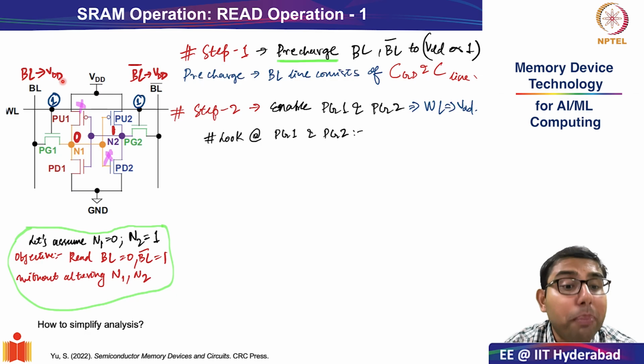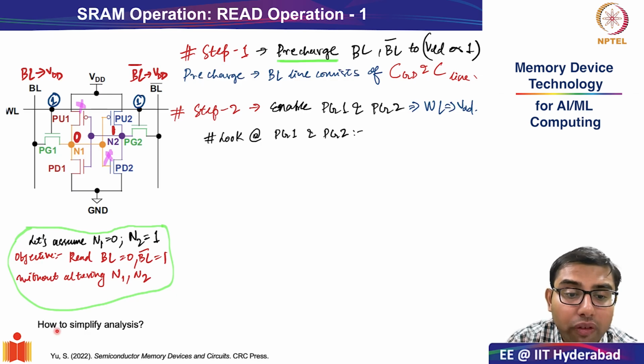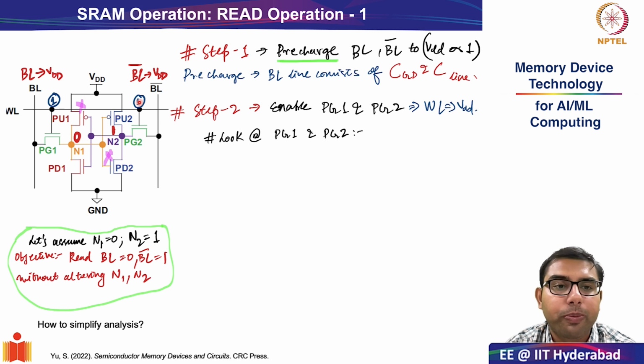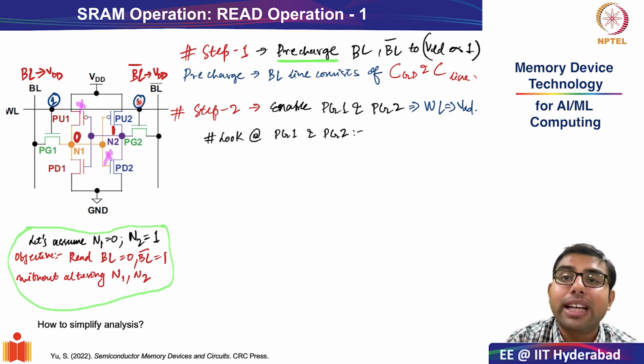So how do we simplify the analysis of the read operation of the single SRAM cell? The first step is to recognize the fact that when your storage nodes are at stable values, in this case N1 is at 0 and N2 is at 1, only one of the pull up or pull down transistors in each of the 2 inverters will be functional. We have to recognize that.